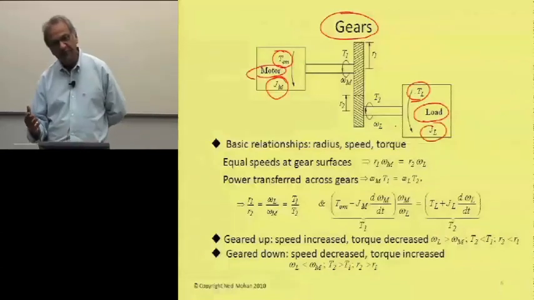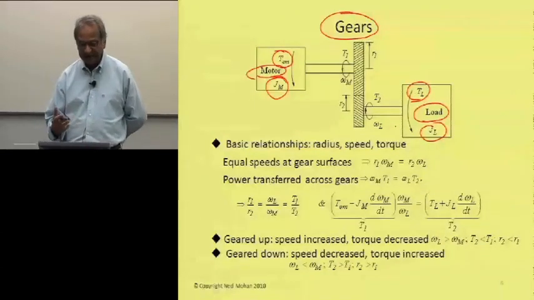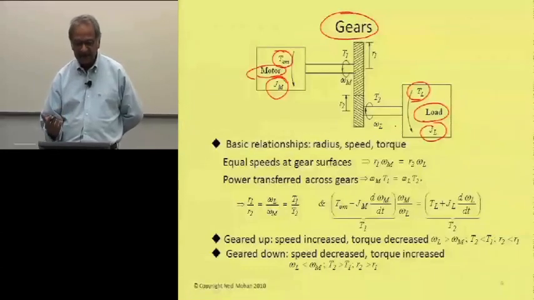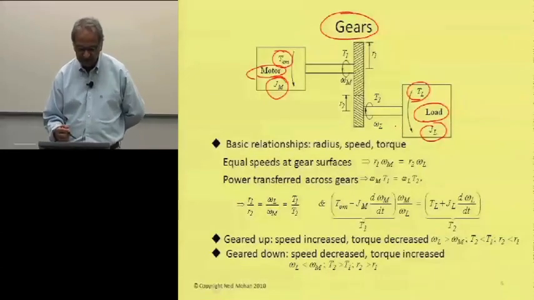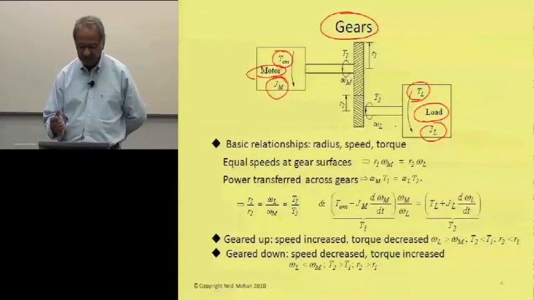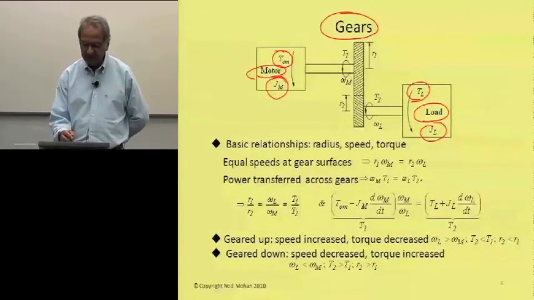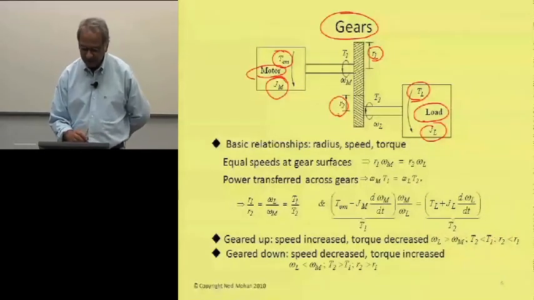Let's assume for the time being that the gears are ideal. What we need to do is look at the radius of these two gears. The gear at the motor end has a radius r1. The gear at the load end has radius r2. And the speeds are different now.